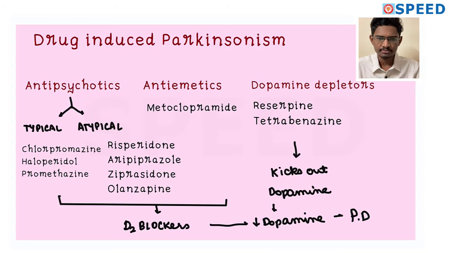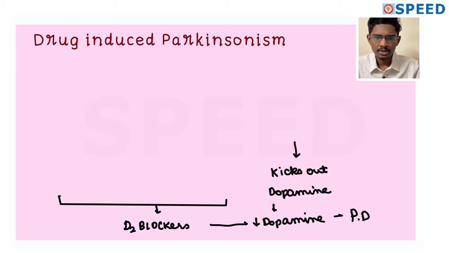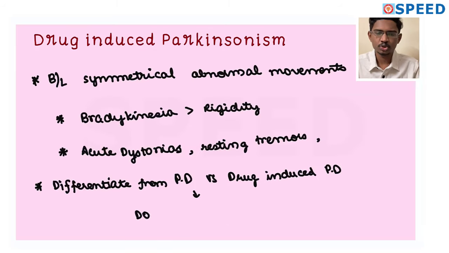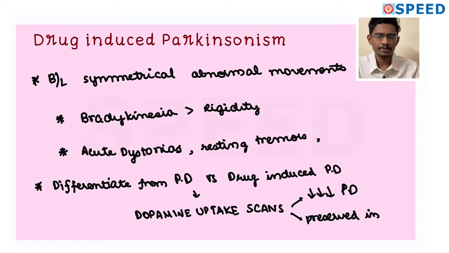of your system. Next, how to differentiate it from classical Parkinsonism. See, in classical Parkinsonism, the dopaminergic neurons will always be very less. But here, neurons are there, but the receptors are blocked.